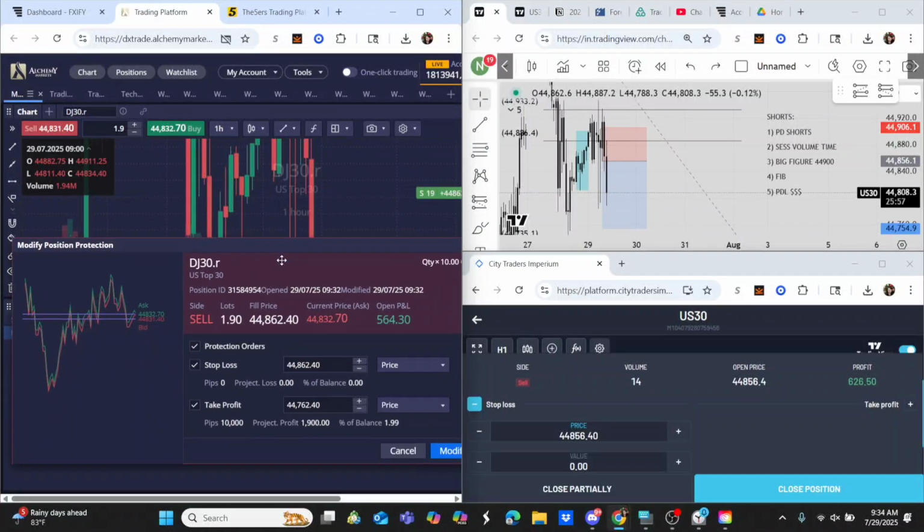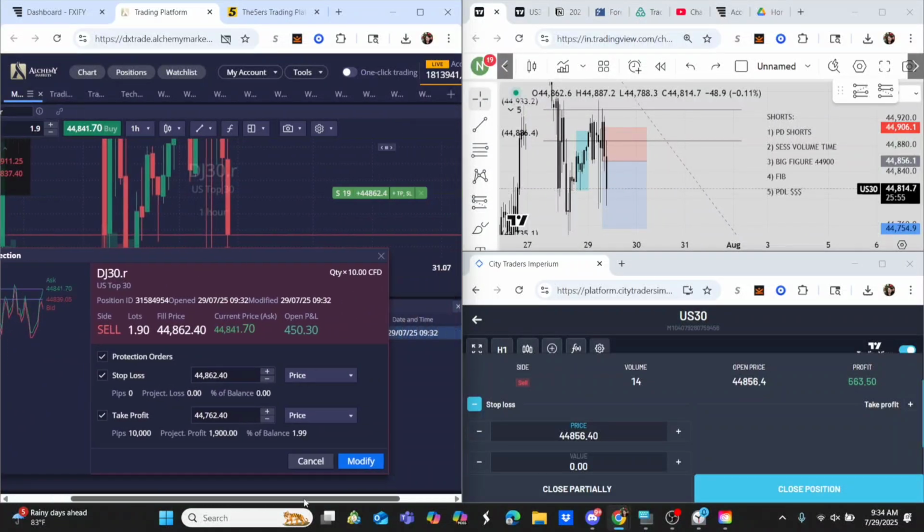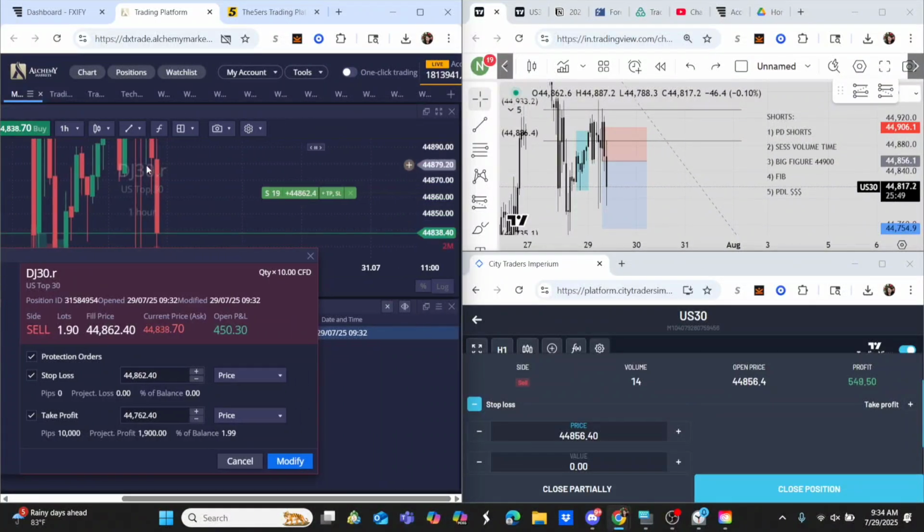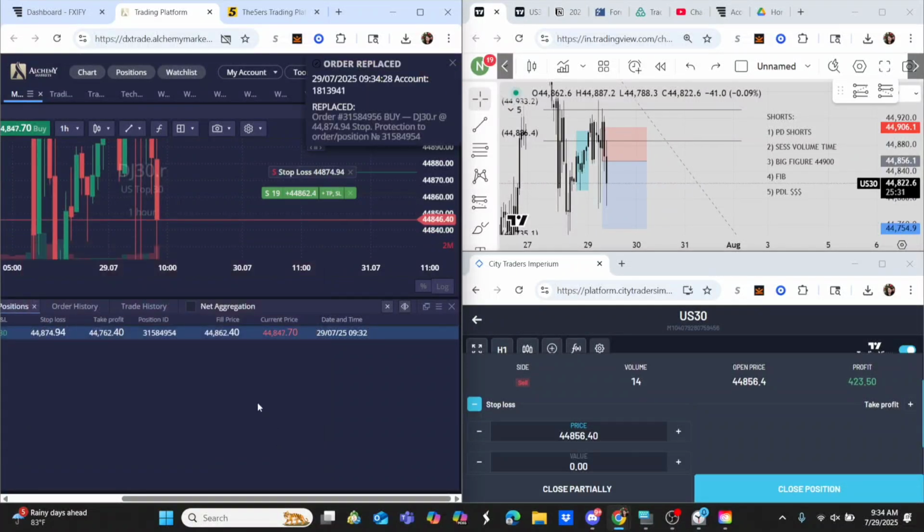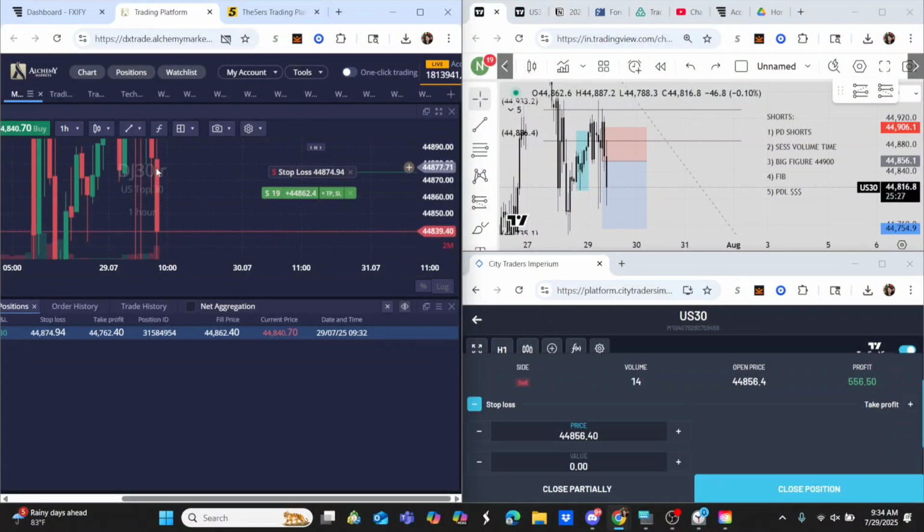My stop's right here, only because that's where I entered.